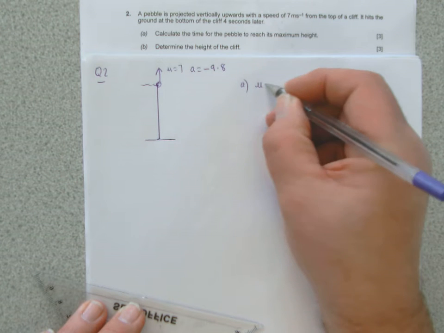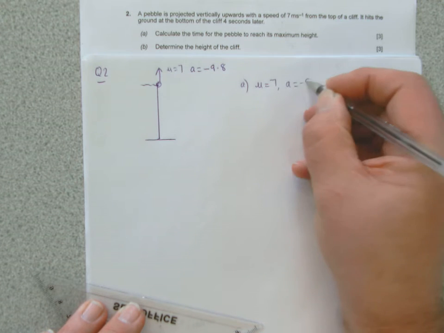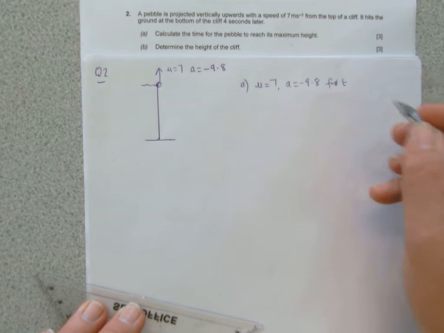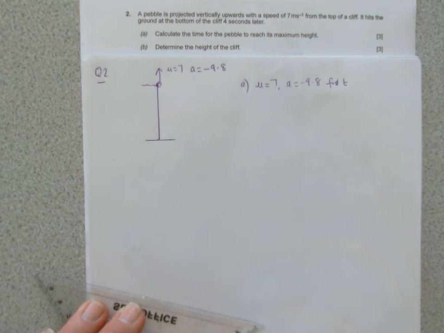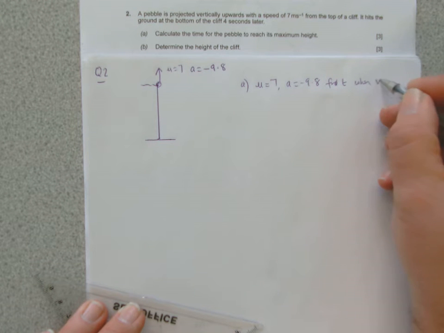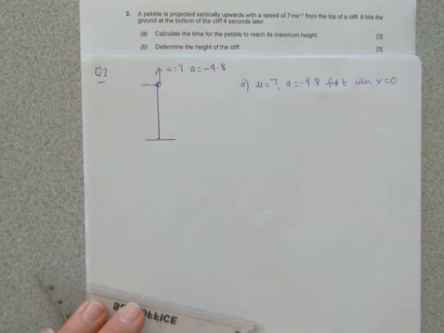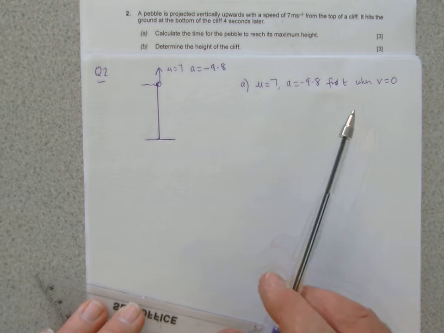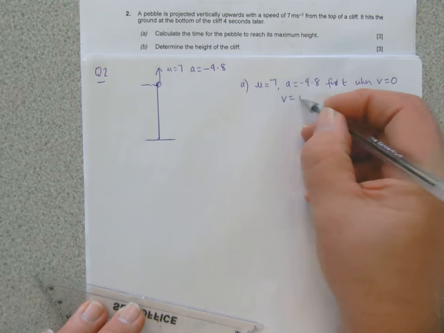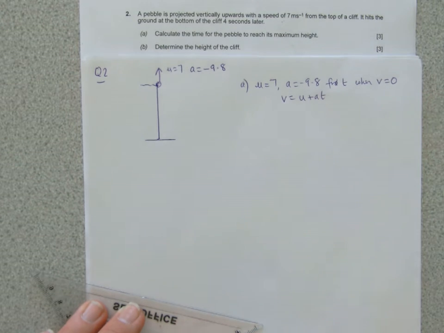So I've got U is 7, A is minus 9.8. I want to find T, and the condition for reaching the maximum height is when the final velocity is 0. So when V equals 0, just linking the equation that connects those 4 letters, that's V equals U plus AT.